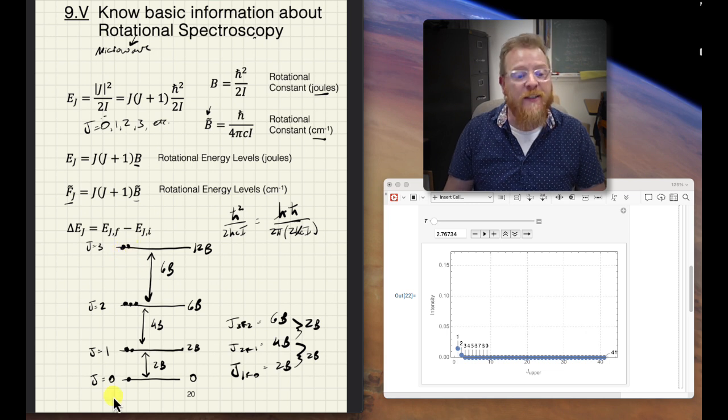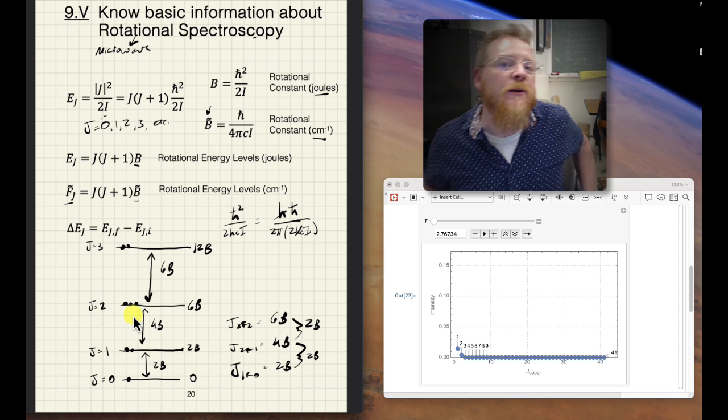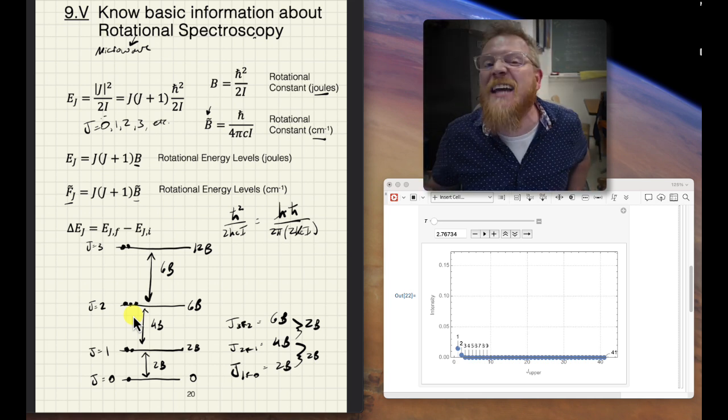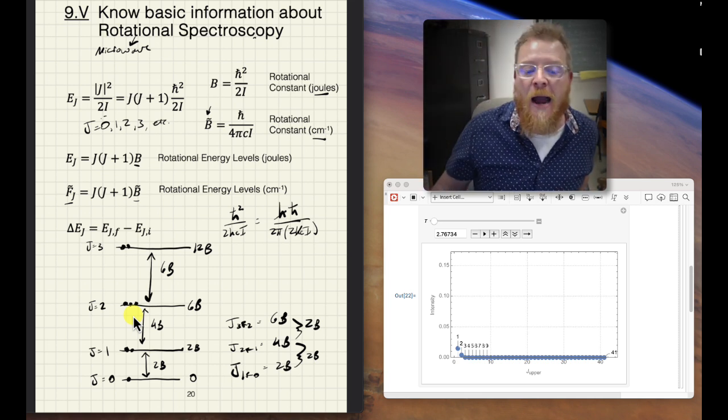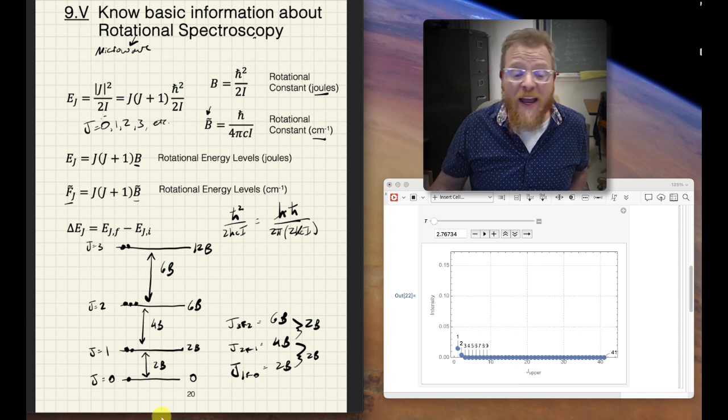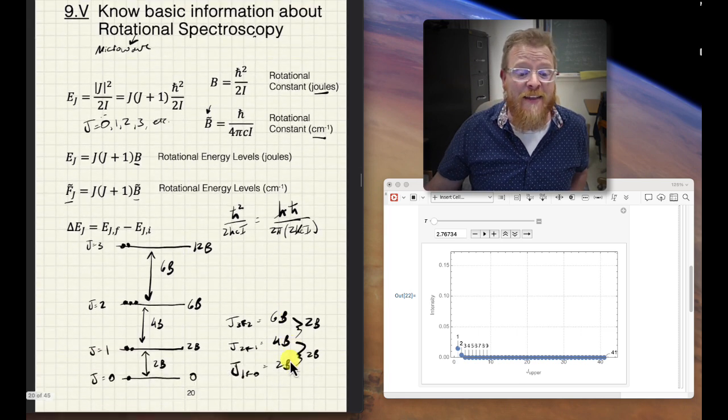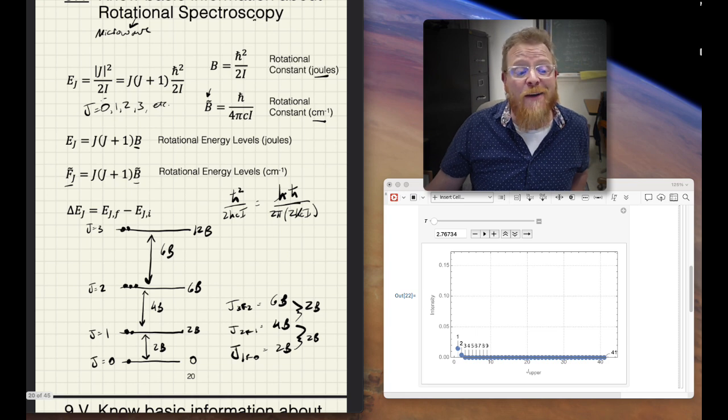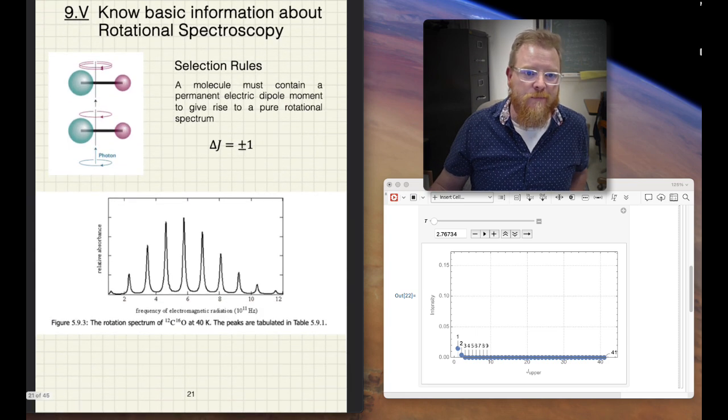We'll have some type of population there. So all of these states are shifting up by 1. So in a microwave spectrum, we're going to see a whole bunch of peaks, and they are going to be separated by every 2 times B.